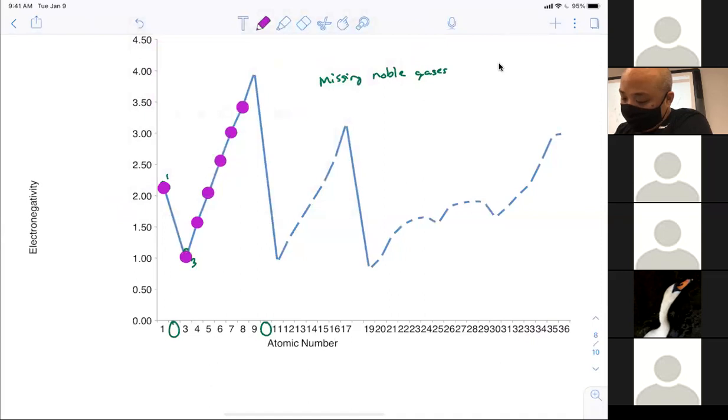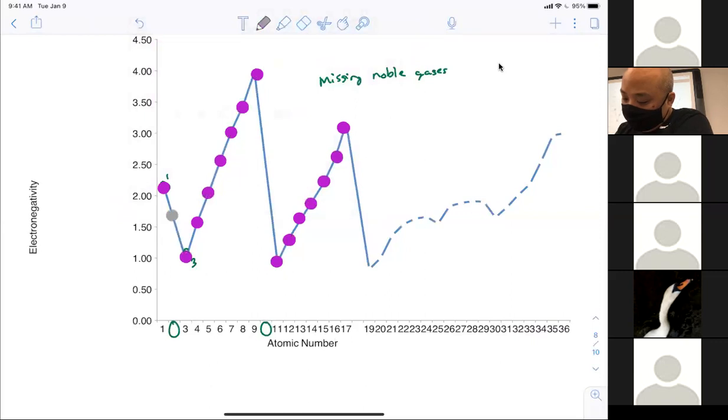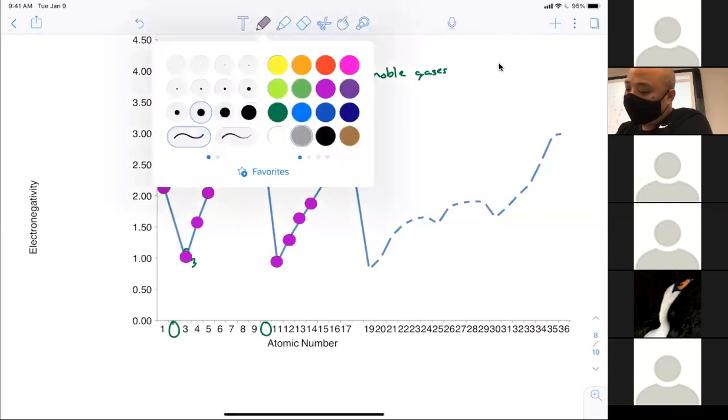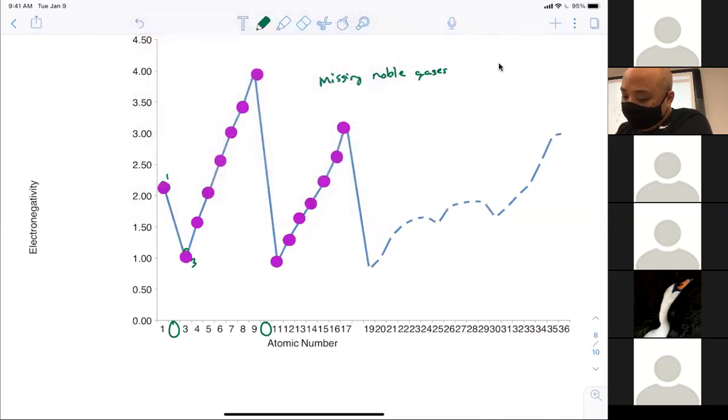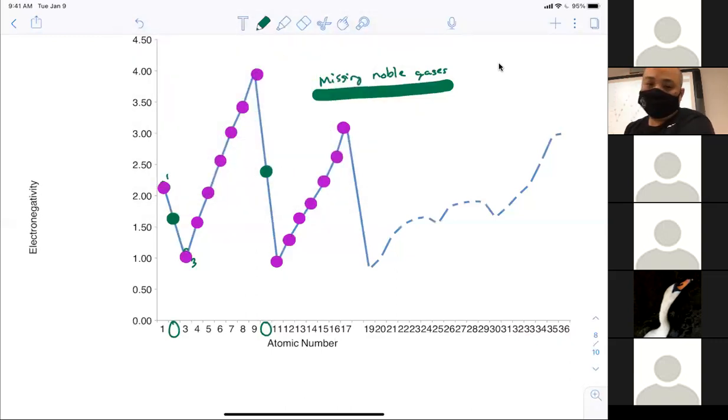I was just looking at it and there aren't that many. And the noble gases are missing here. Oh yeah, no, sorry. Those aren't gaps. These are the gaps here, the missing noble gases. There's no value in there. Okay. So that's the idea with that. Questions about that?